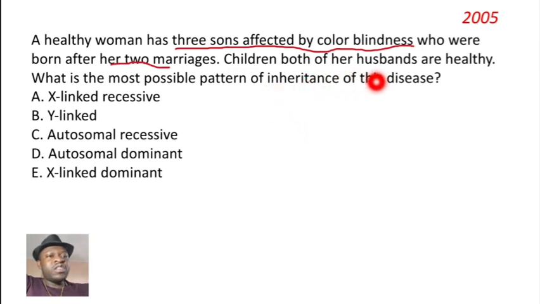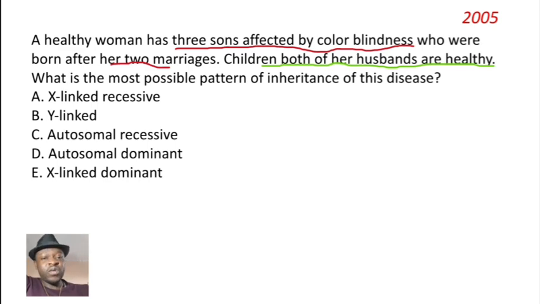Children of both her husbands are healthy, so if the husbands got married again to other wives, their children would be normal, but this woman's boys have color blindness. What is the most possible pattern of inheritance? Definitely it's X-linked recessive.